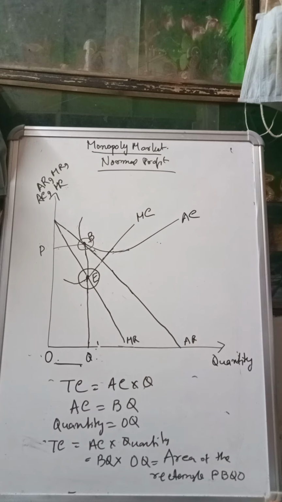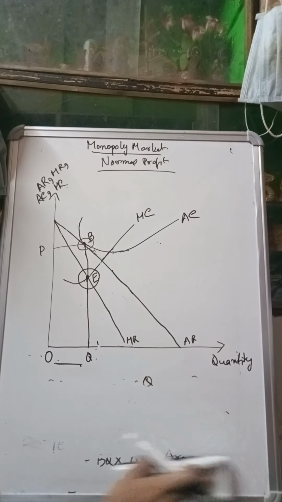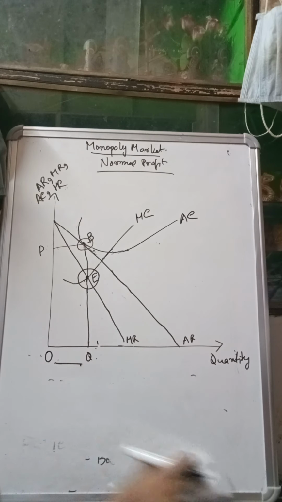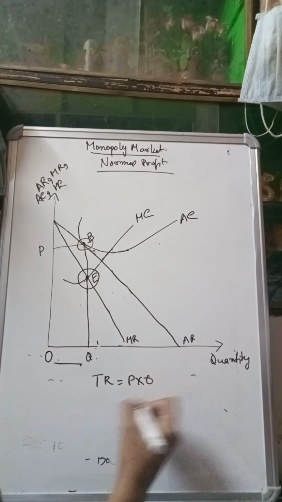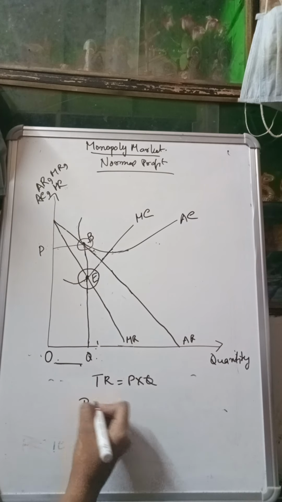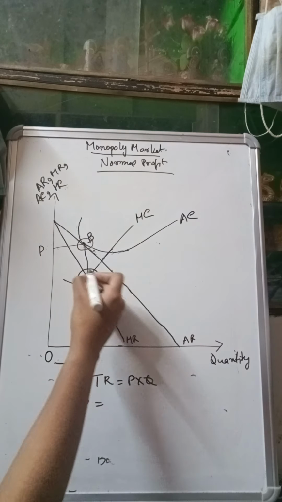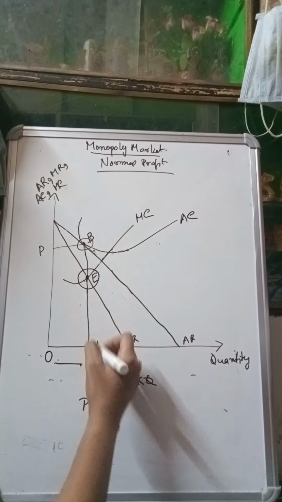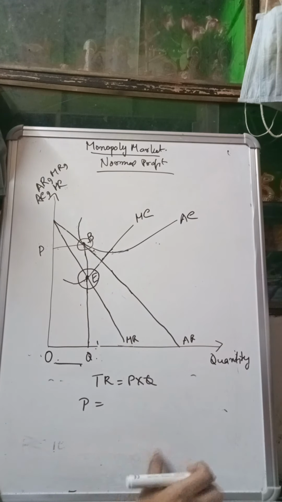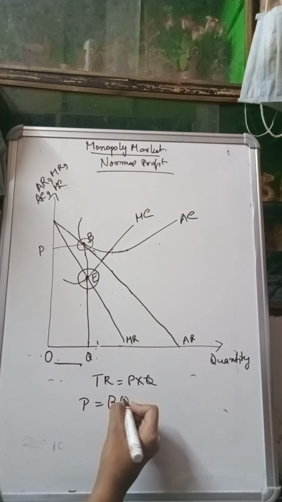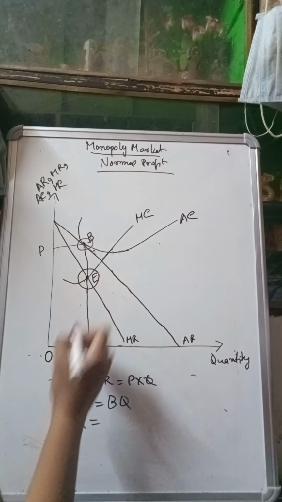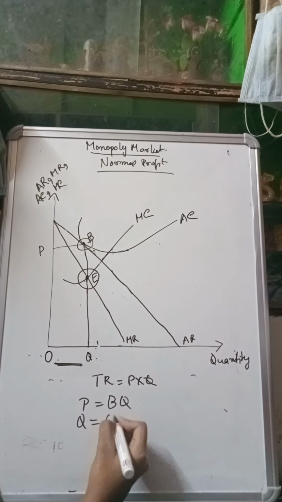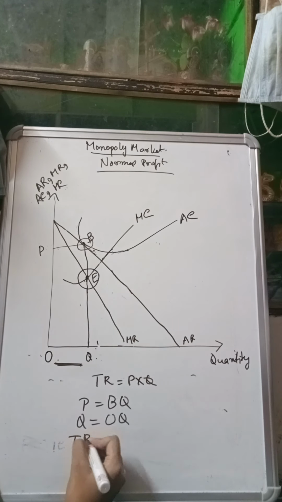Now we have to find the total revenue. PBQO is my total cost. So what is the formula for total revenue? Total revenue is equal to P into Q. What is my P? According to the equilibrium E here, my equilibrium price is BQ, or you can write OP also, same thing. And what is my Q? According to my equilibrium, my quantity is OQ. So what will be my TR?